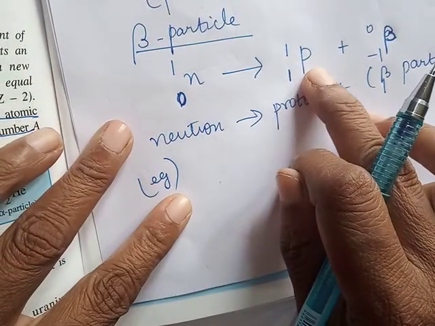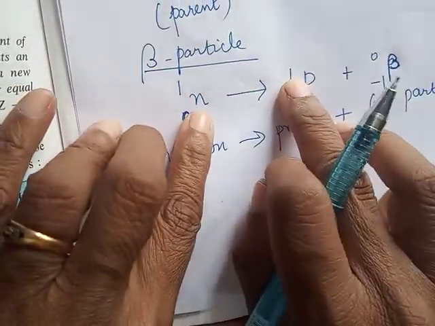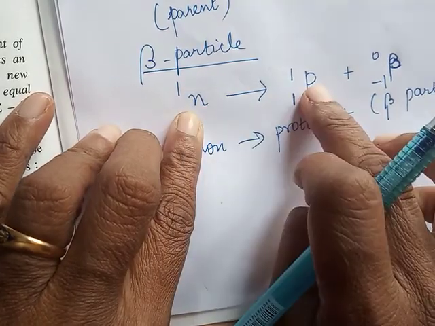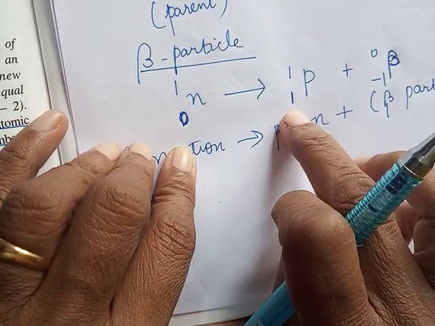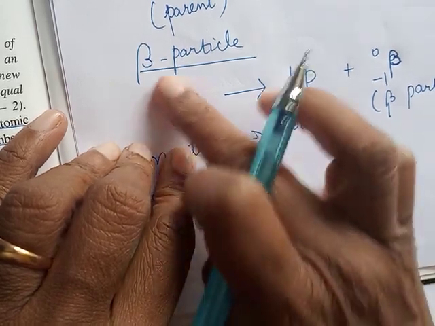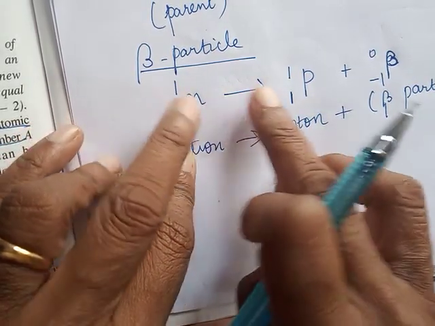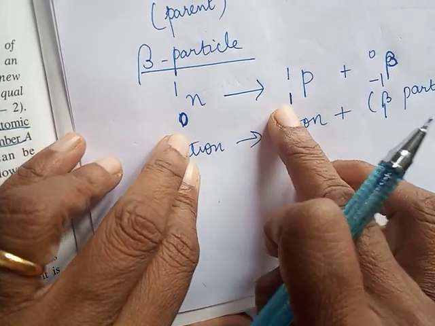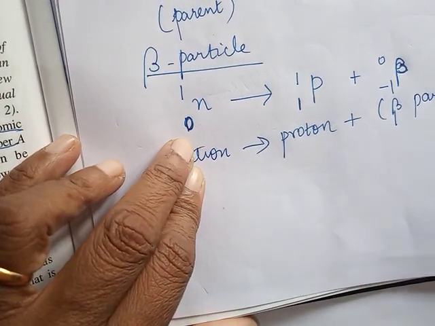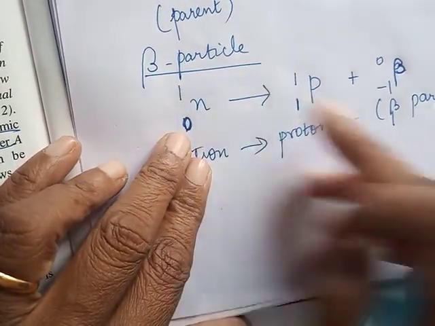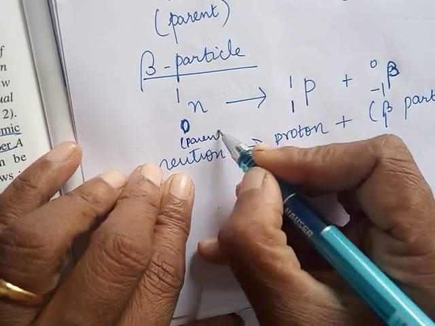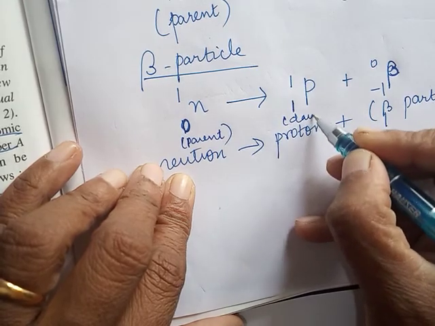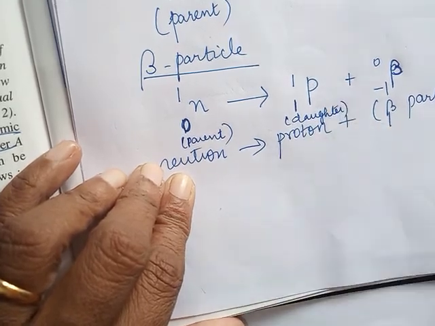The daughter nuclei will have the same mass number as the parent nuclei, but only the atomic numbers will be different. Substances having the same mass number but different atomic number are called isobars. So when a beta emission takes place, the parent nuclei and the daughter nuclei will be isobars.